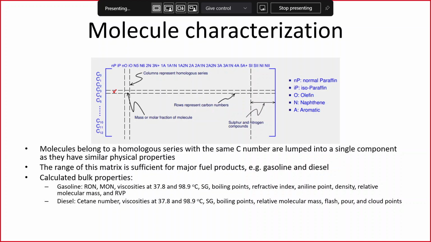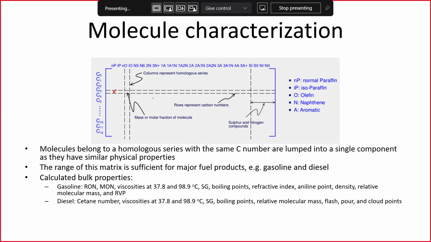Find the answer if there is any isoparaffin for C3. Nonetheless, if it's normal paraffin, that's C3, it's over here. So that's how they characterize the location. Oh, this S and N is the sulfur and nitrogen. So that's how they characterize the locations of the molecules.